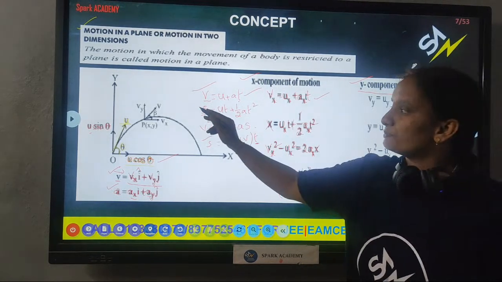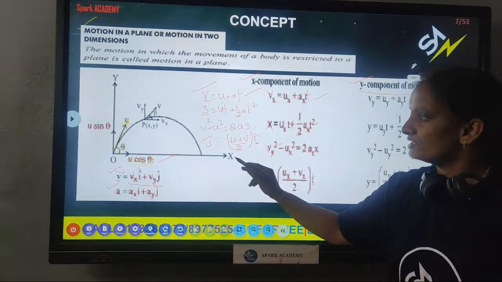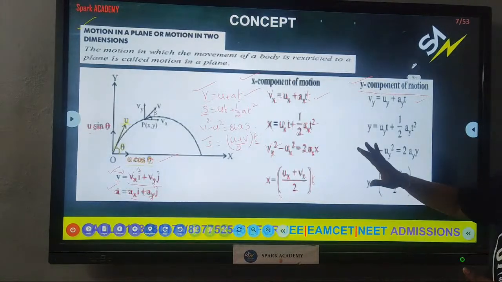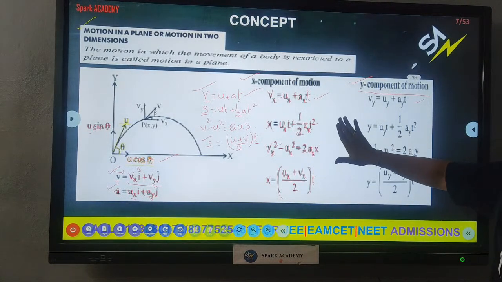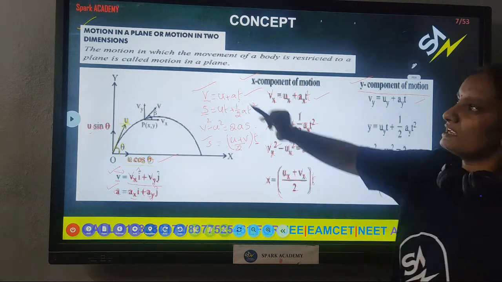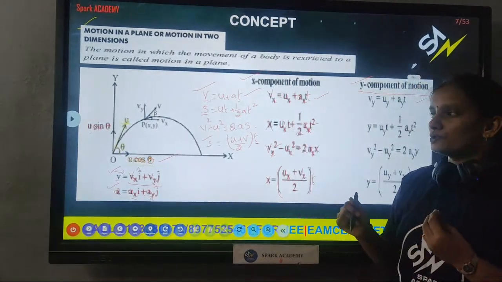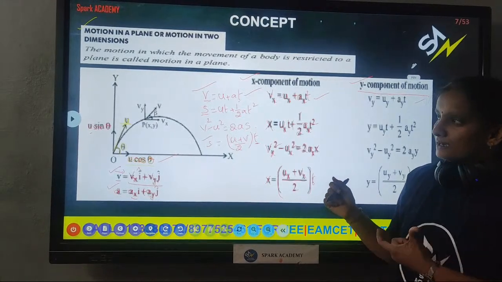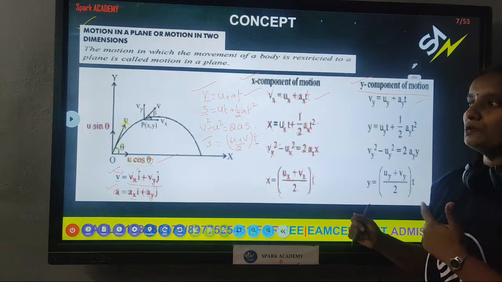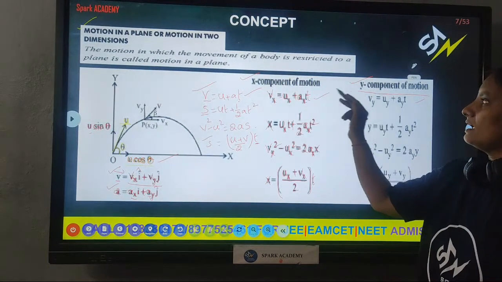Similarly, displacement along x direction, displacement along y direction. So these equations of motion play a very important role to solve the numericals in two dimensions. So you should have an idea that as vector and velocity resolve into components, we need to describe that motion along x and y.